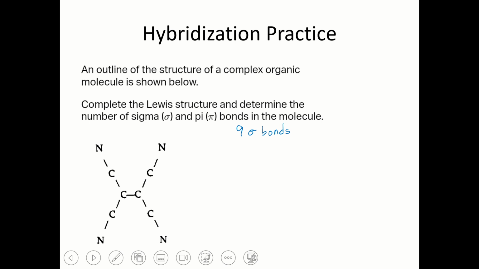Now, to complete the Lewis structure, it will help if you first count up the total number of valence electrons. And remember, when we're doing this, we are counting up the number of valence electrons for each type of atom, and we're going to multiply it by the number of those atoms that we have in the structure.